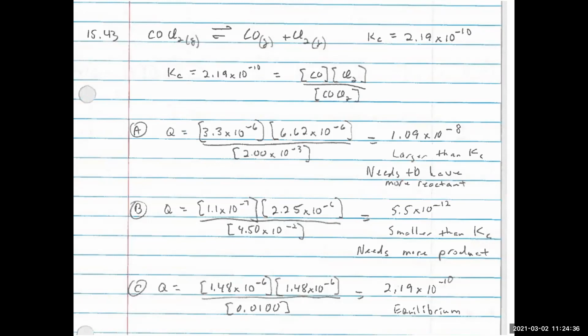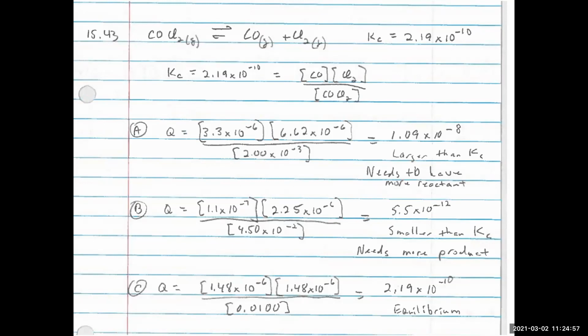Well, is 10 to the minus 8 bigger or smaller than 10 to the minus 10? Well, 10 to the minus 8 is bigger, so that's a bigger number than a 10 to the minus 10 number. So if I go back and look at Q, it's products over reactants, right?